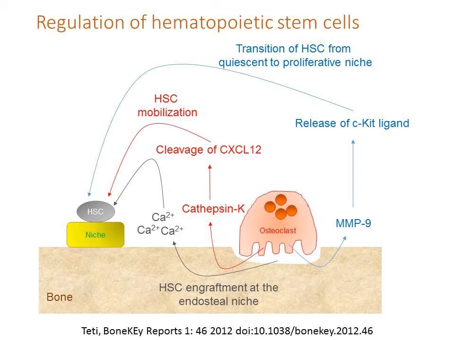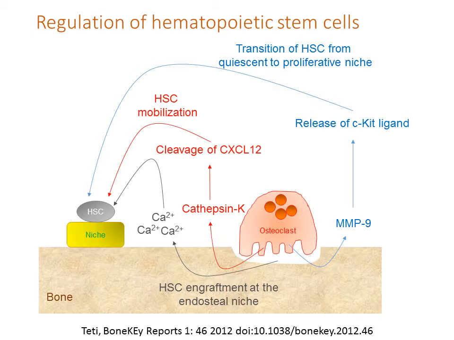What we know so far is that the osteoclasts secrete metalloproteinase 9, which releases the c-KIT ligand involved in the transition of hematopoietic stem cells from quiescent to proliferative niche. But at the same time, the osteoclast releases cathepsin K, which cleaves CXCL12 and stimulates hematopoietic stem cell mobilization.